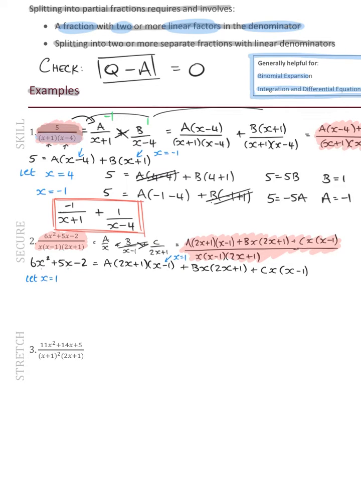And then I can put in 6x squared plus 5x minus 2 equals 9. Now a is going to be 0, b is going to be 1 times 2x plus 1, remembering using that store button, so 3b plus 0 again, so 3b equals 9, so b equals 3.